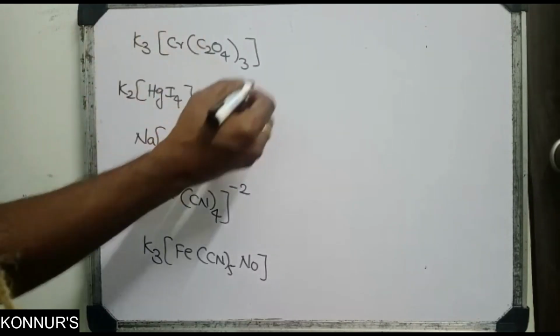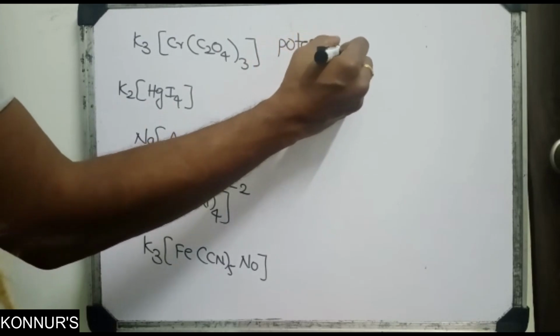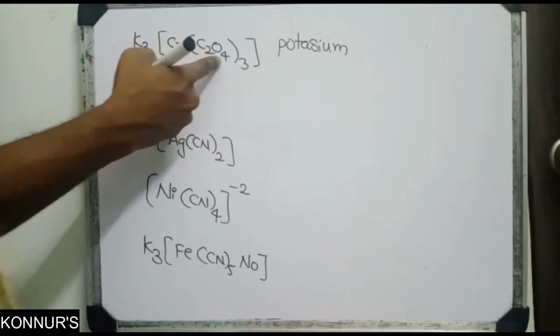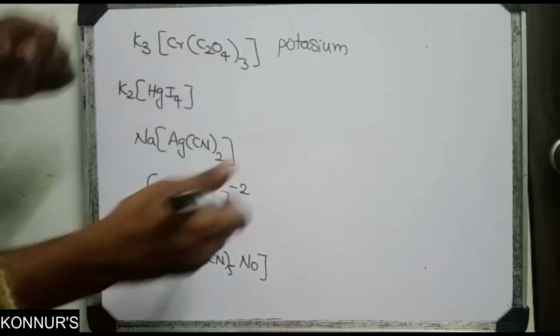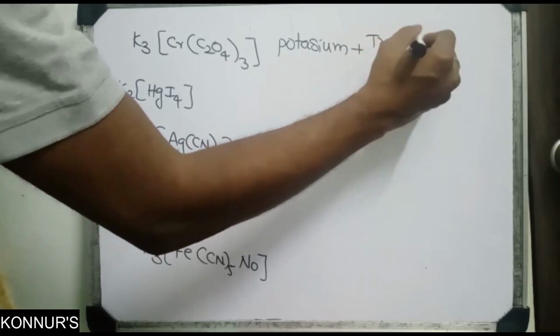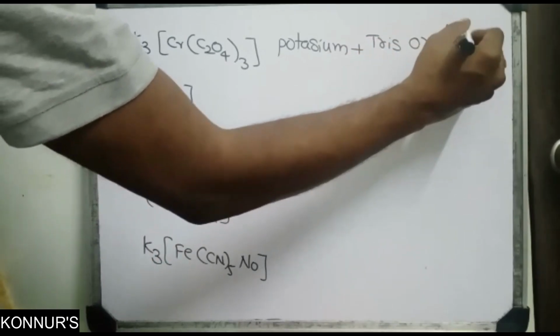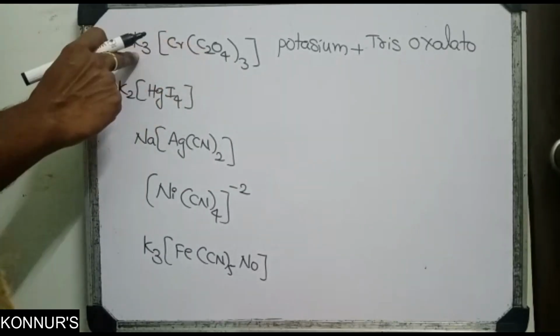See, this name, potassium. Next, oxalato. So oxalato is what? 3 members are there. So that is tris. So tris oxalato. Next, negative charge.